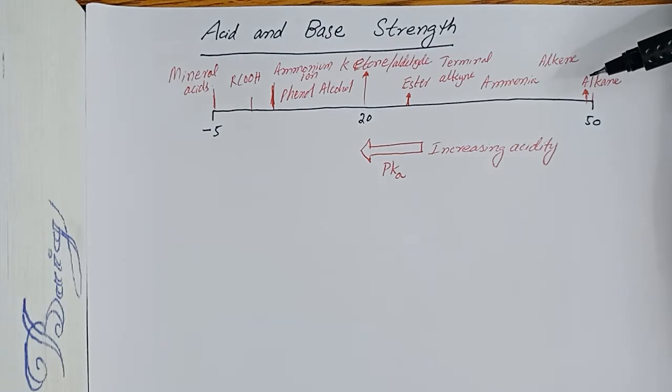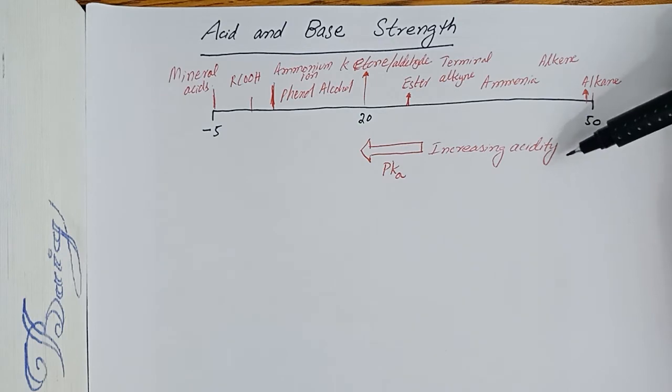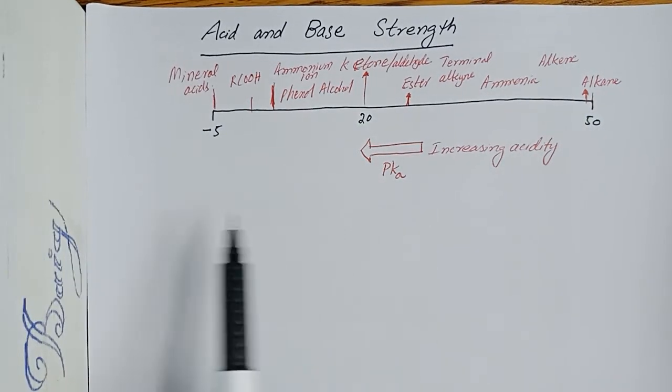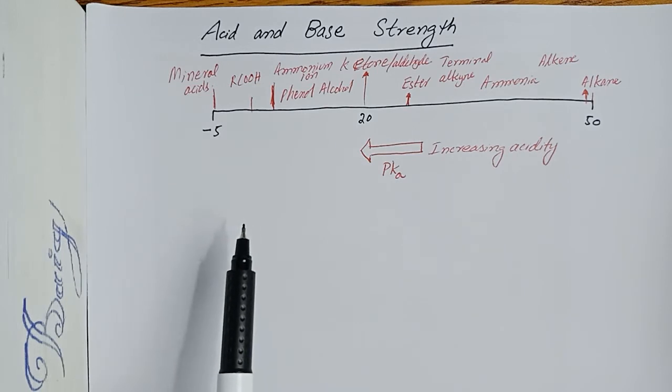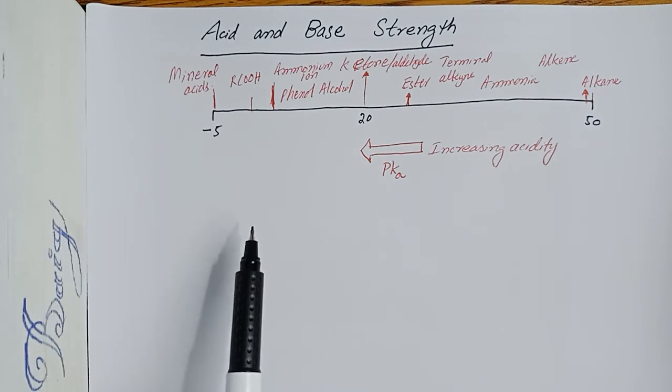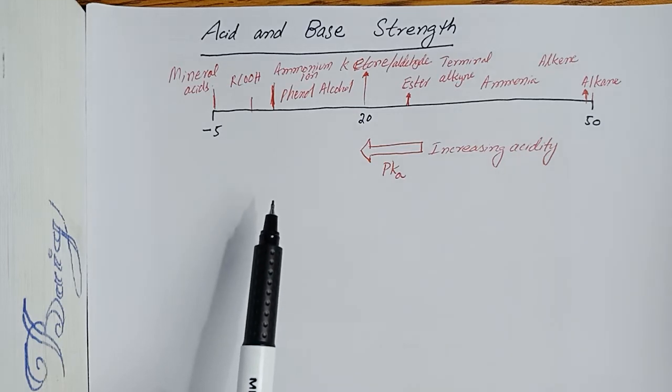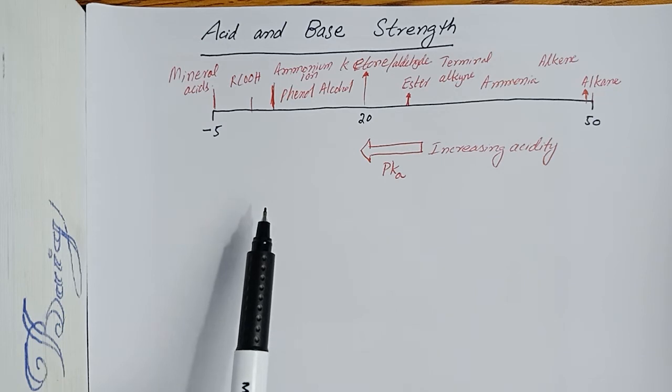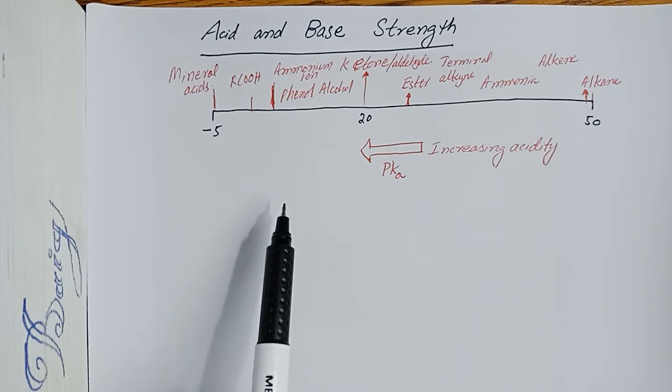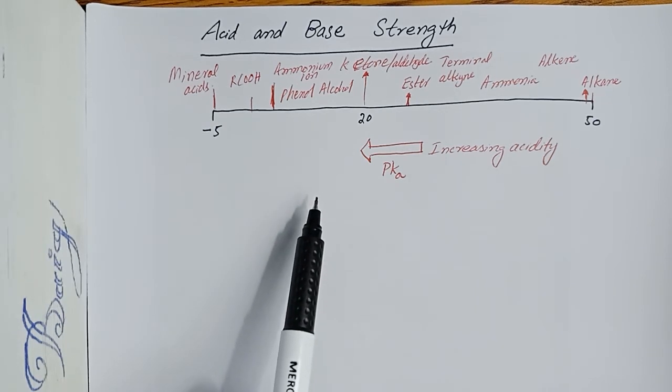Acid-base strength. Here we have a graphical representation of the pKa value, which shows the increasing acidity pattern towards the left side, showing the different materials, particularly organic substances that are included in the important categories of the Brønsted-Lowry acids, with different ranges of pKa values.